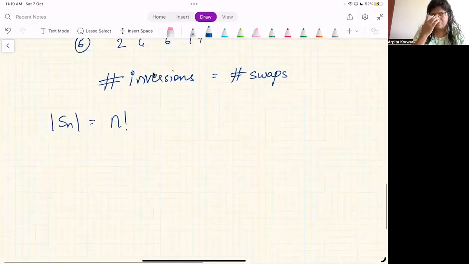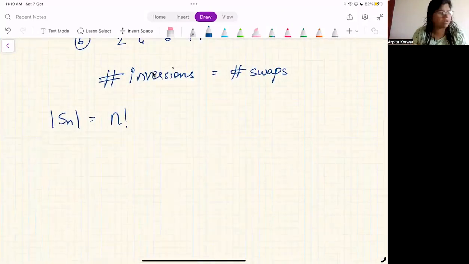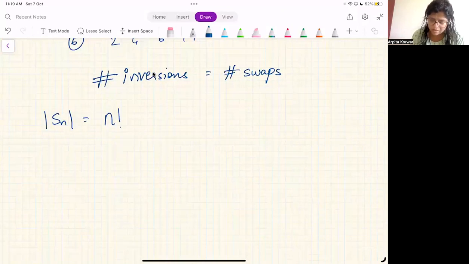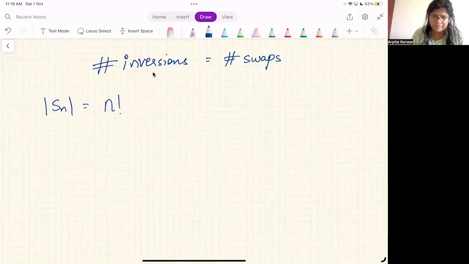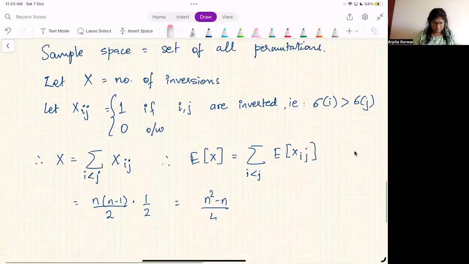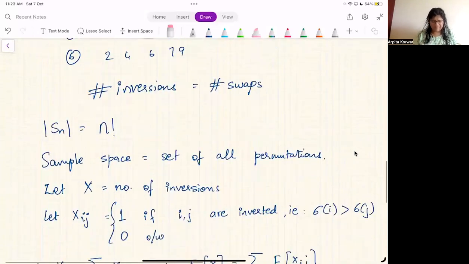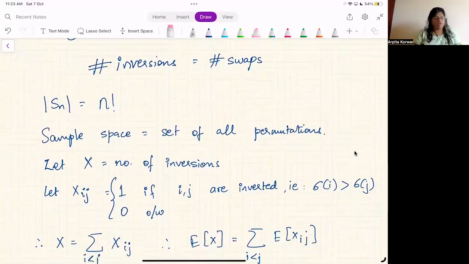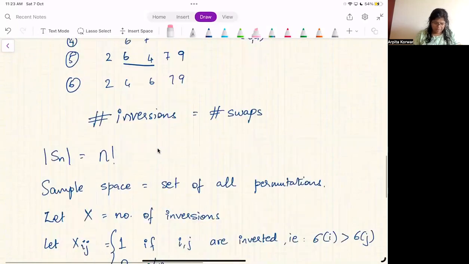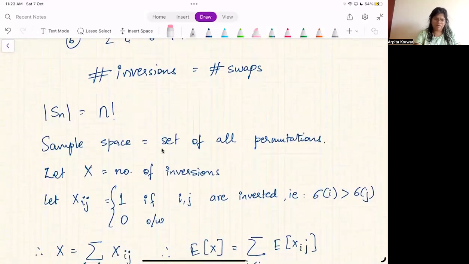Now we are going to go to your probability course. I don't know whether you have used the same notation for random experiments. The problem is that you have to count the expected number of inversions.